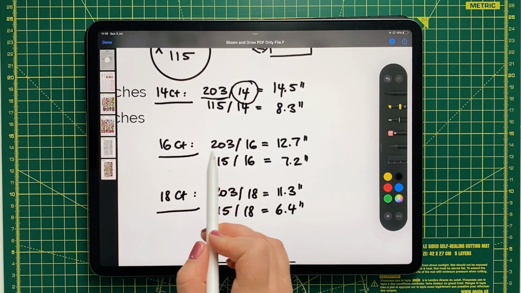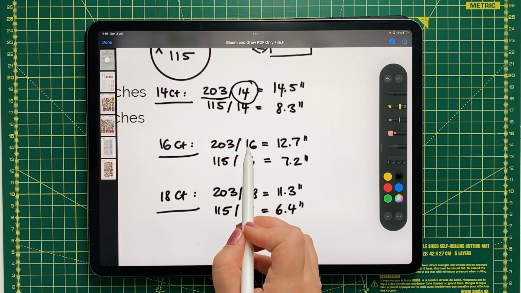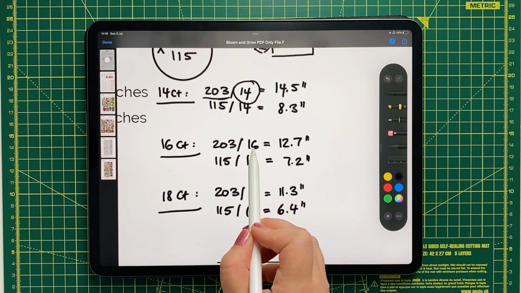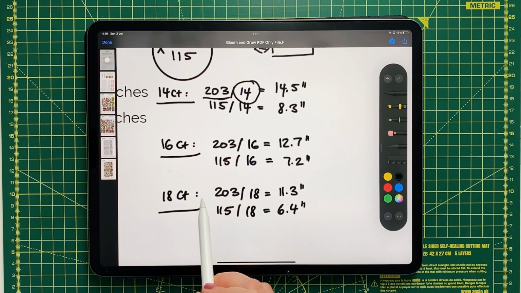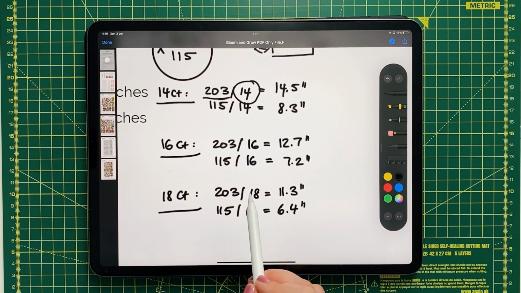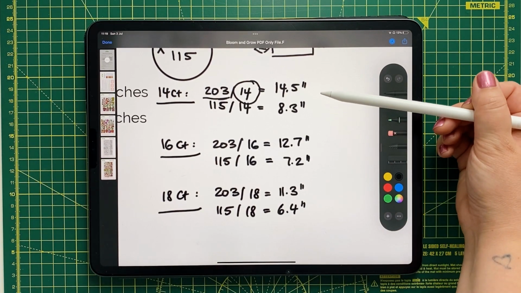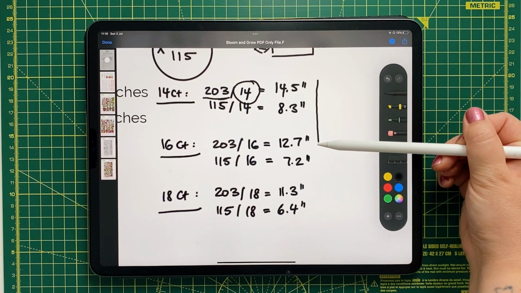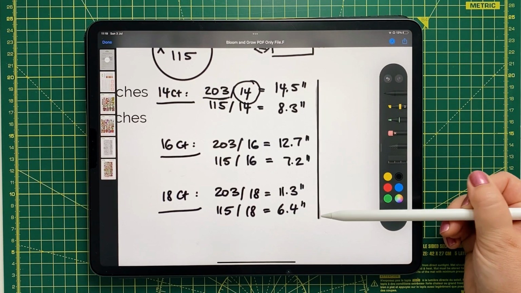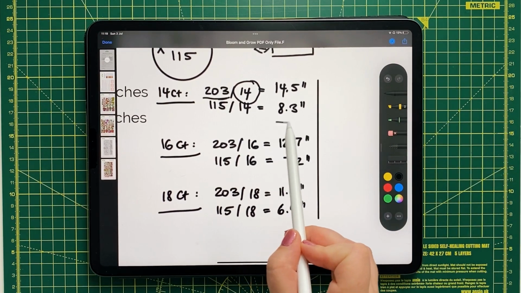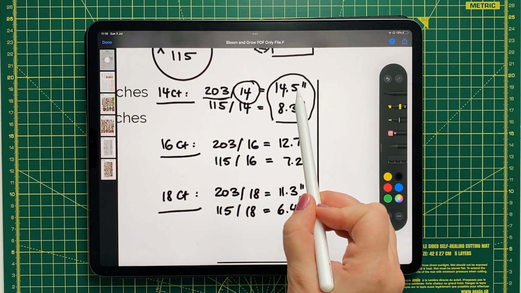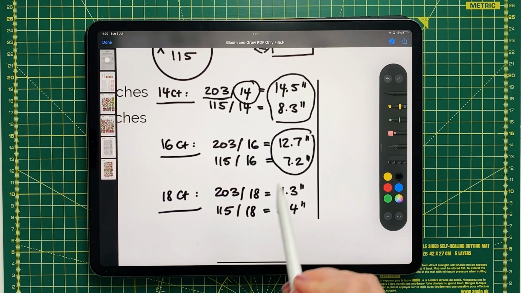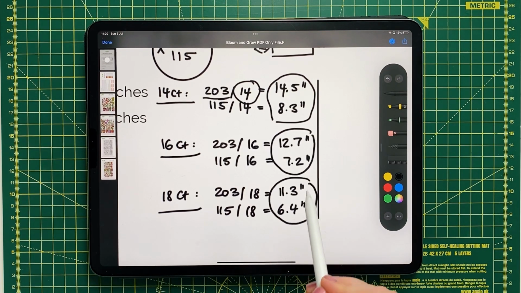This principle applies for all the counts. So in 16 count, we're just dividing the number of stitches by 16, and for 18 count, we're dividing the number of stitches by 18. You can see that just by choosing a different count of fabric, we are actually making the design smaller. So this is 14 inches, this is 12.7 inches, and this is 11 inches.